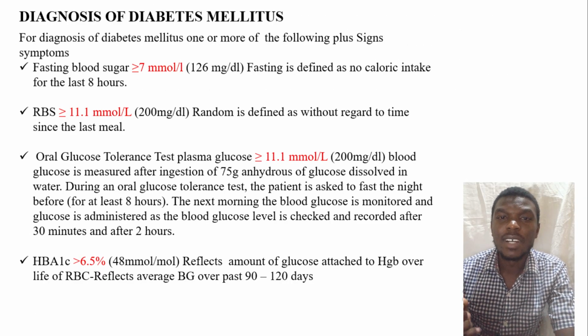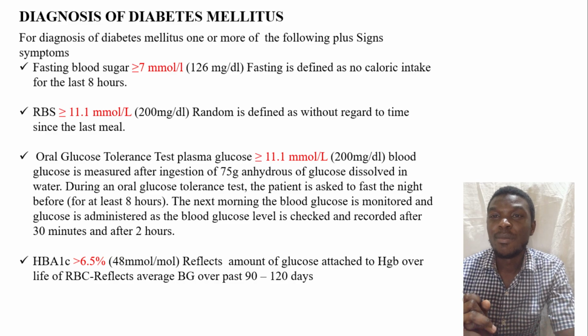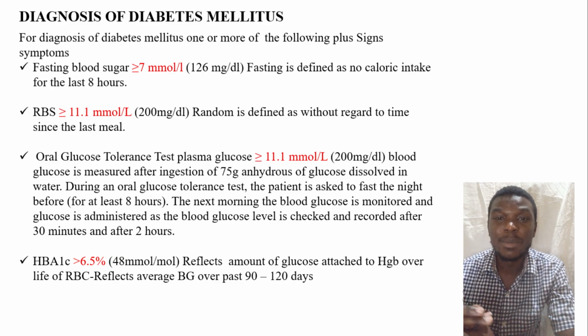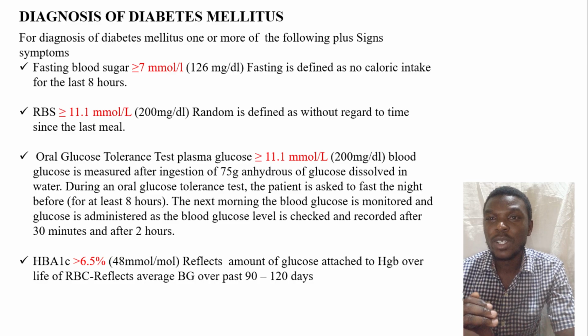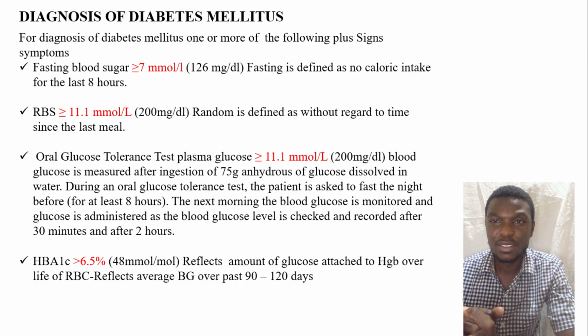So we have discussed a lot about diabetes, the subtypes, the types, and other forms of diabetes. Now we want to see how we can diagnose diabetes in these patients.